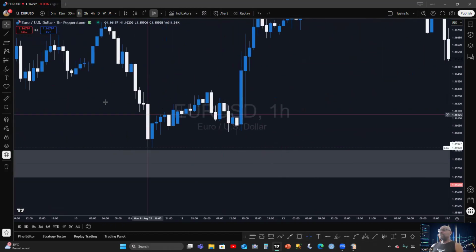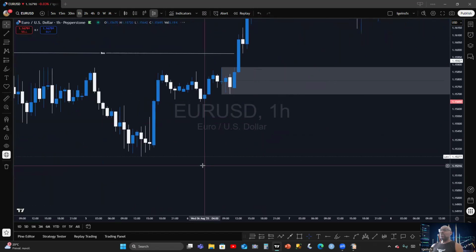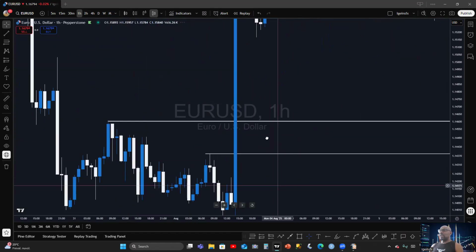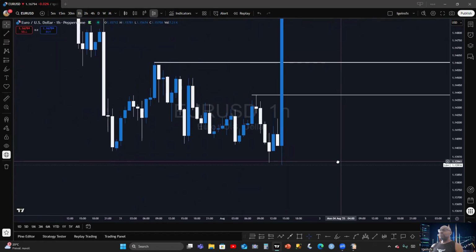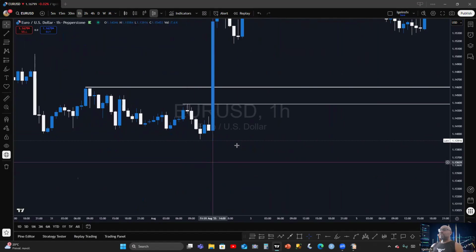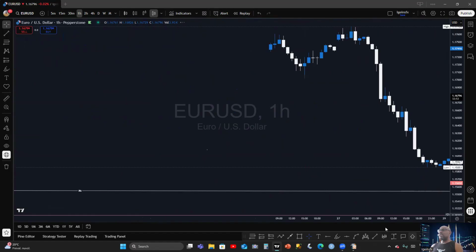a hammer. Let me show you guys the one that once you see, you know that there's a buy pressure. I already see hammers here, but I want you guys to really see one.